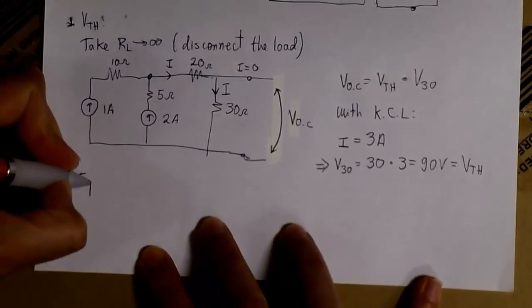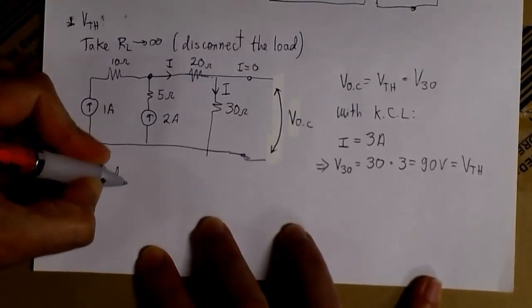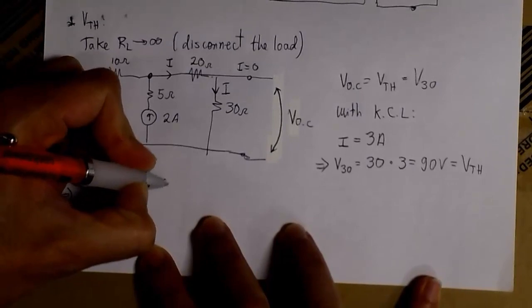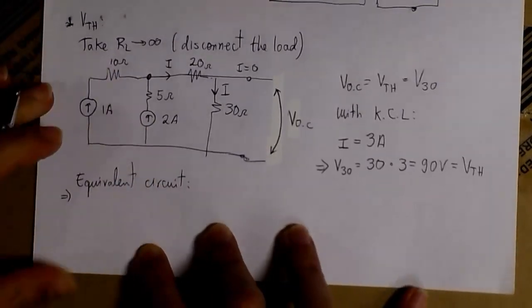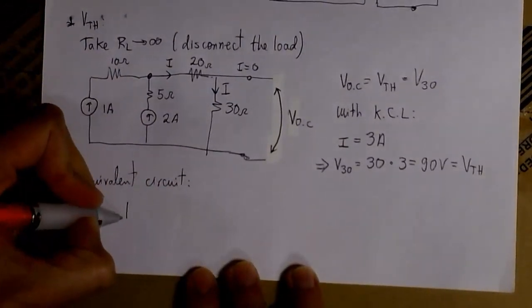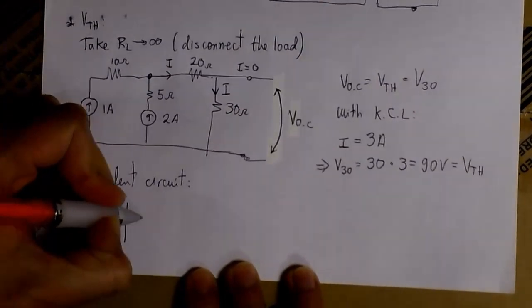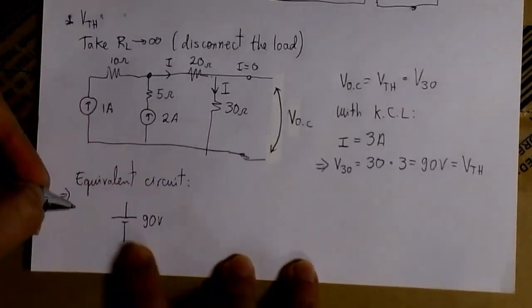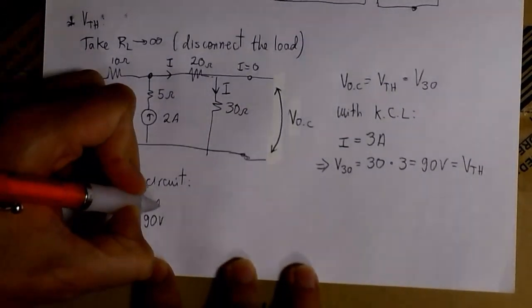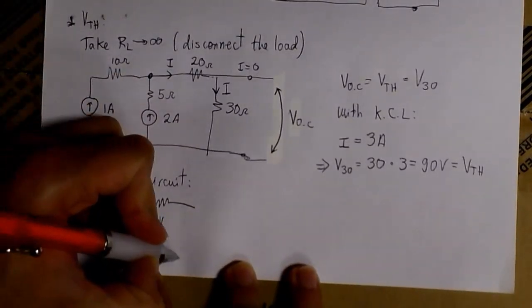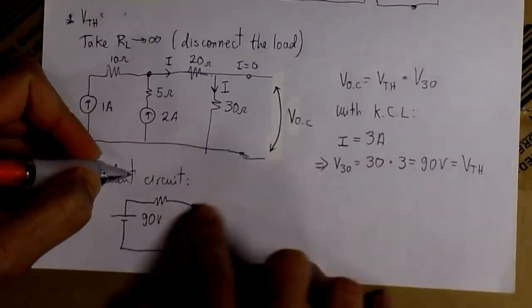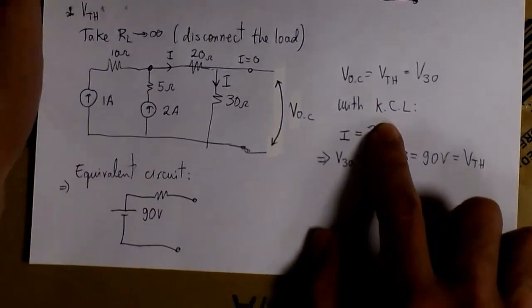Now we can draw the equivalent circuit. The equivalent circuit has one voltage source and one resistance. The voltage source has 90 volts, that's V Thevenin, and the resistance is R Thevenin, in this case is 30 ohms.